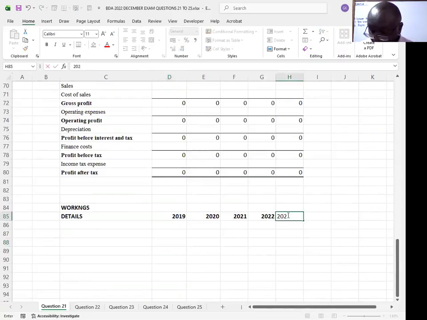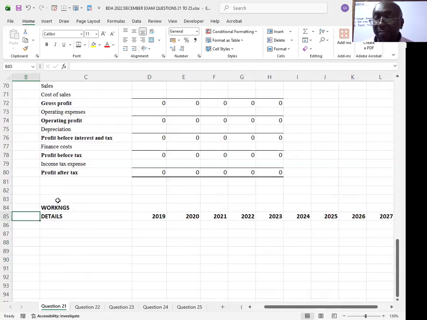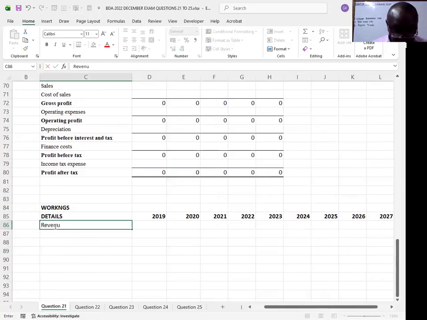Sawa. 2023, 2024, 2025, 2026, 2027. I was avoiding that. Okay. So we come here and we just write revenue growth rate.